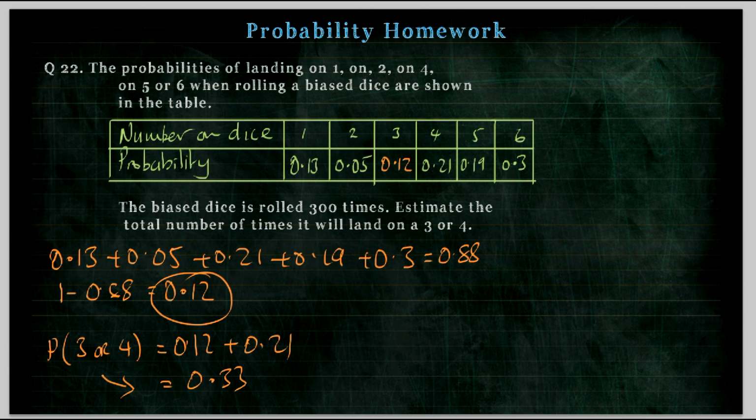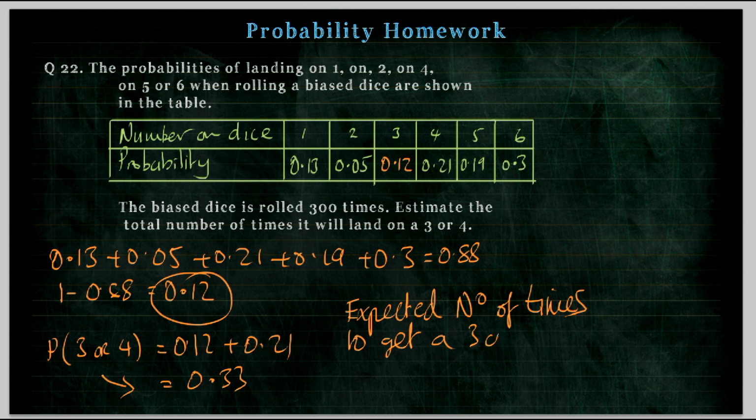Let's write it down properly: expected number of times to get a 3 or 4. You do 0.33 multiplied by the number of times we're doing it, and in this case it is 300 times, so multiply that by 300 and you'll get 99. So the answer there is 99.